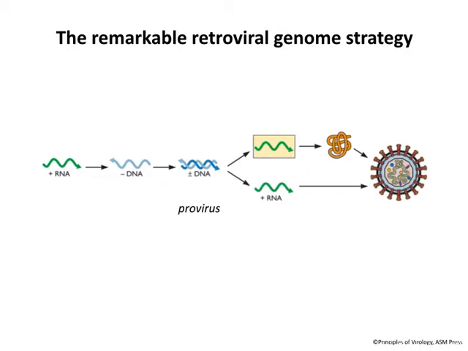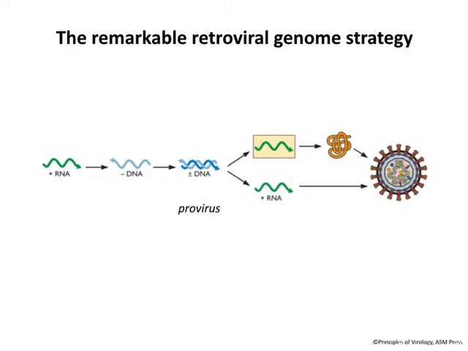And then, from that, mRNA is made. The mRNA can be translated into protein, and to make more genomes, some of those mRNAs are simply packaged into virions.